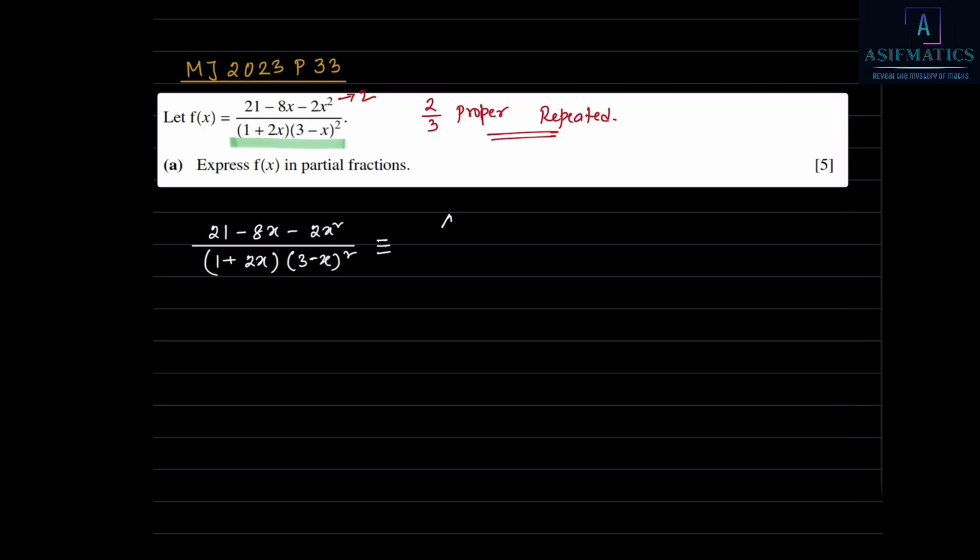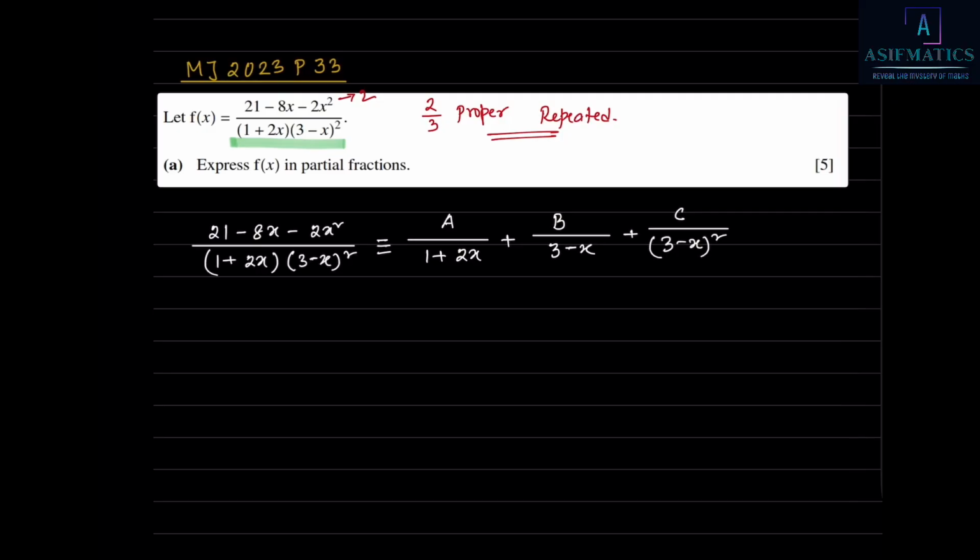So that will be a by (1 plus 2x) plus b by (3 minus x) plus c by (3 minus x whole square).